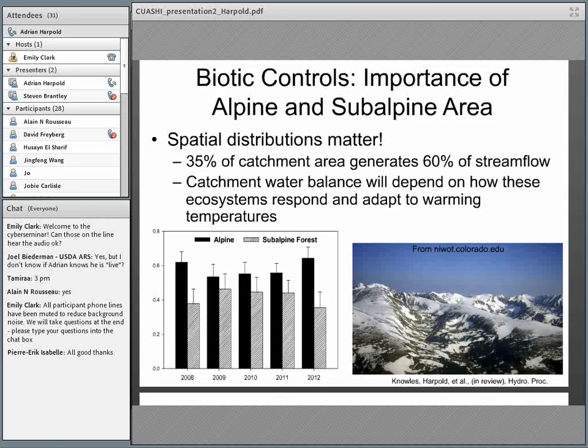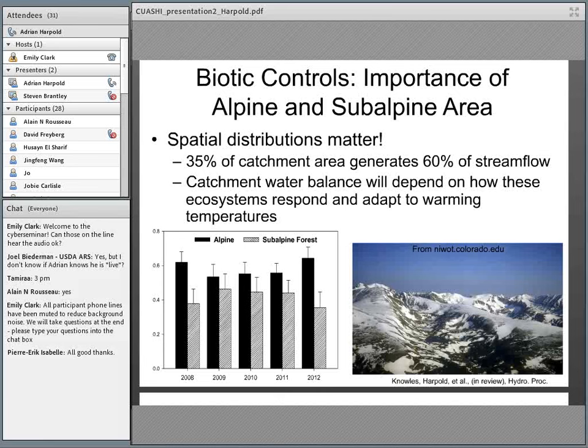One thing that we've been considering too is looking at a site in the alpine and subalpine regions of Colorado, where changes in the alpine water and snowmelt regimes could have strongly impacting effects on larger scale water budgets.